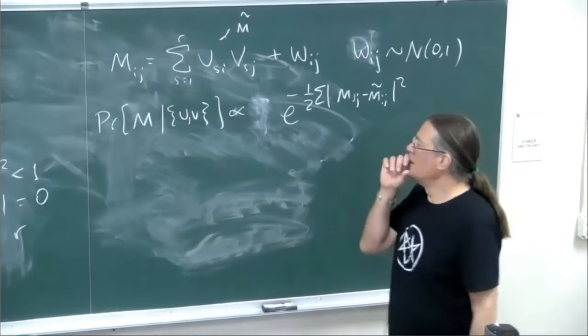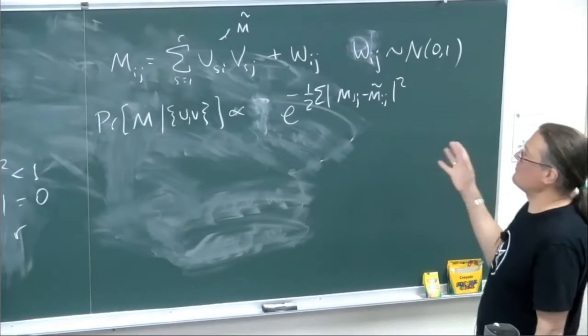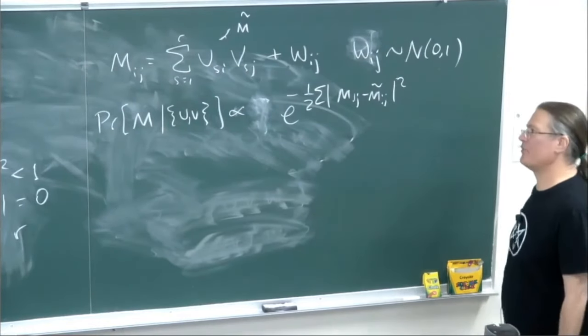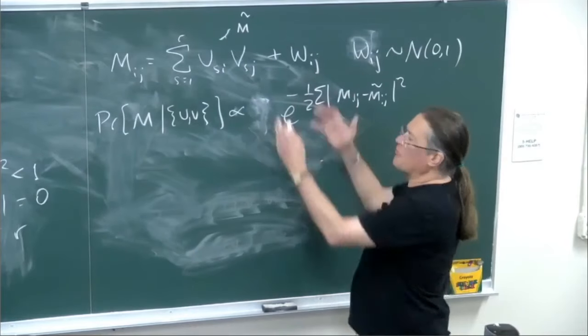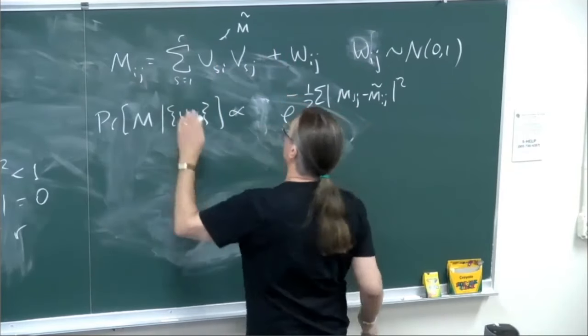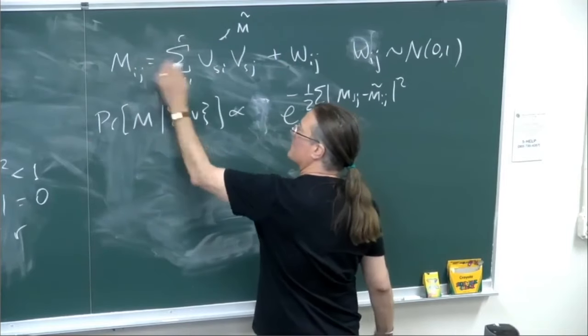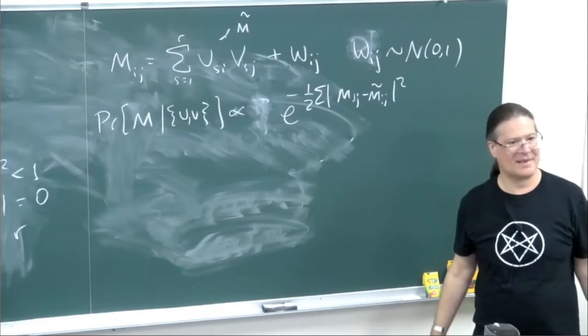Okay? That's not the only good reason to do it, but I would say that at some level, that's what you're assuming. Now, for matrices, of course, we know how to do this. The best low-rank matrix, the one that minimizes the L2 distance, we can get from the singular value decomposition.